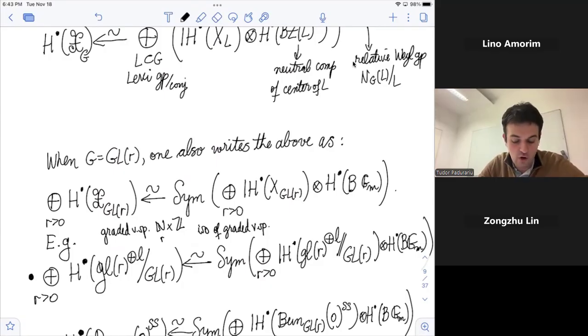But in this case, the COHA is supercommutative. So I think up to maybe slightly changing the COHA multiplication, this is an isomorphism of algebras, in this particular case of zero potential.